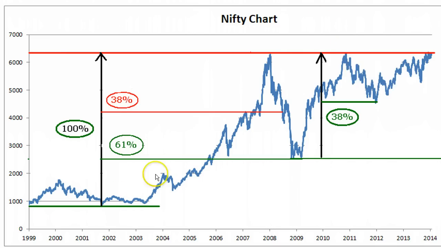So it hit a peak from 1000 to 6300. So this entire rally phase is what we call 100%. So when we are retracing, how much of this 100% will we retrace is the question.